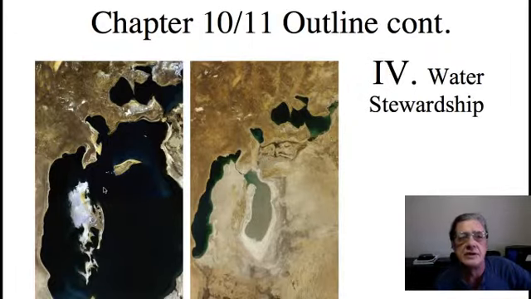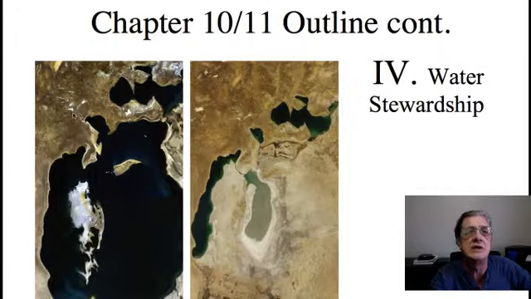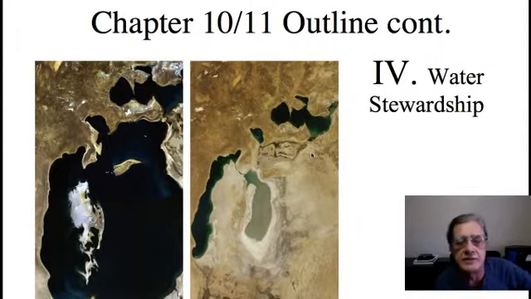And as a result, as you can see from these photographs, in less than about 20 years, this entire sea basically evaporated down to two relatively small lakes, which are so salty because they're so concentrated that they won't support any kind of life at all.